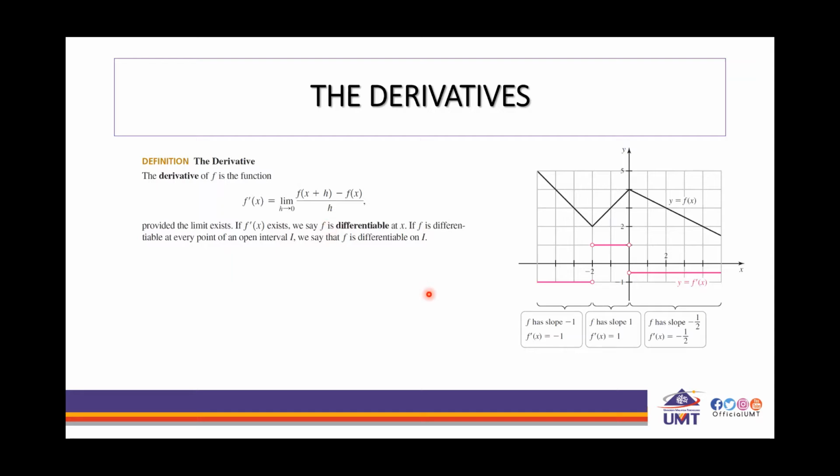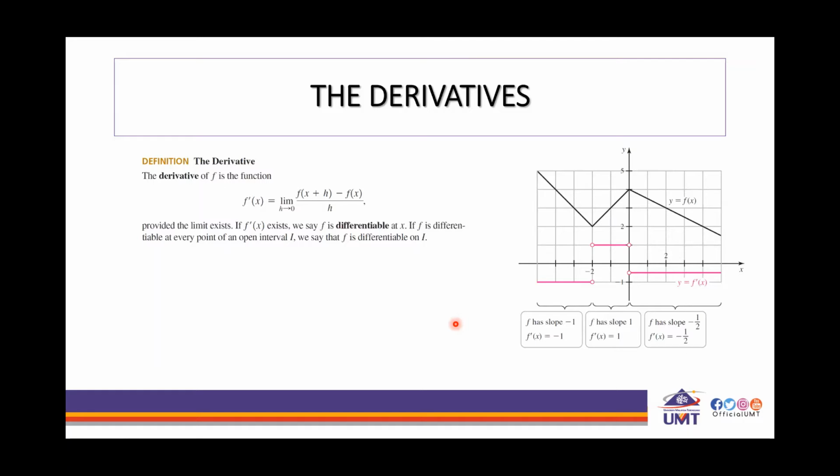There will be some point that x is not differentiable. Okay, kita tak boleh nak differentiate x. There will be at one point where, like I told you in last topic, x has no slope. Okay, bila dia tak ada slope, kita tak boleh differentiate dia.